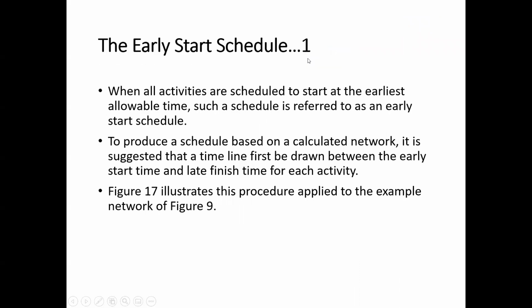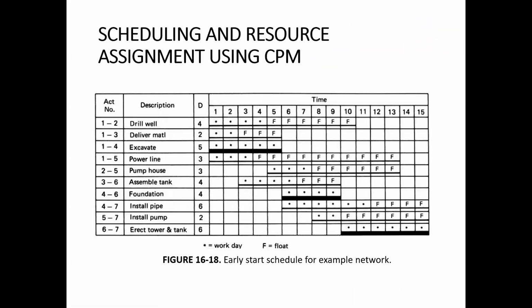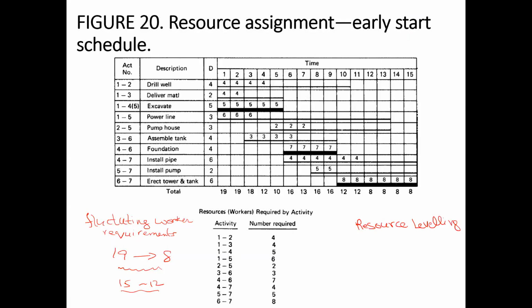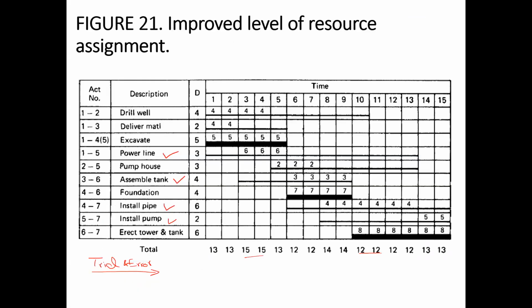So as of now, these changes have been done by trial and error, and as a result we have obtained this profile 13, 15, 15, which is quite uniform, and the resources are more or less uniform as well. So in this way we have leveled the resources.